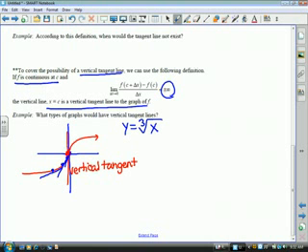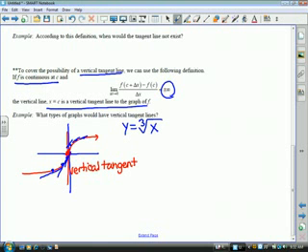You can kind of tell they go more and more vertical as you get close to the origin, and then when it gets past the origin, they go away from vertical. So that's kind of the most famous one, but we're going to see others besides that.